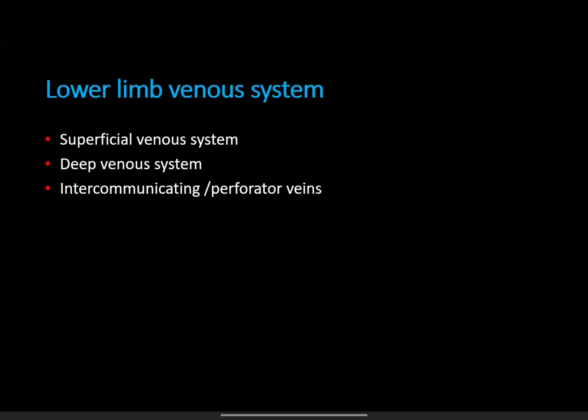Another important one is the deep venous system, which is lying deep to the deep fascia within the intermuscular planes, and it is all running along with the arterial system as well. There are important intercommunicating channels which are known as perforator veins. So these all three are important parts of the venous system of the lower limb.